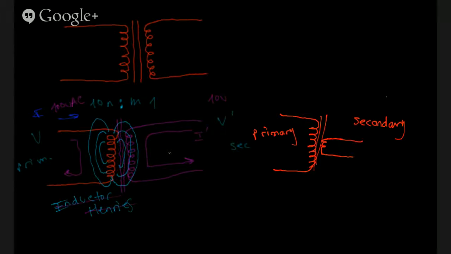There was sort of a battle of the currents in the early days of electricity between, most notably, Tesla and Edison. Good names to know. Tesla actually worked for Edison for a while. Edison kind of took advantage of him.